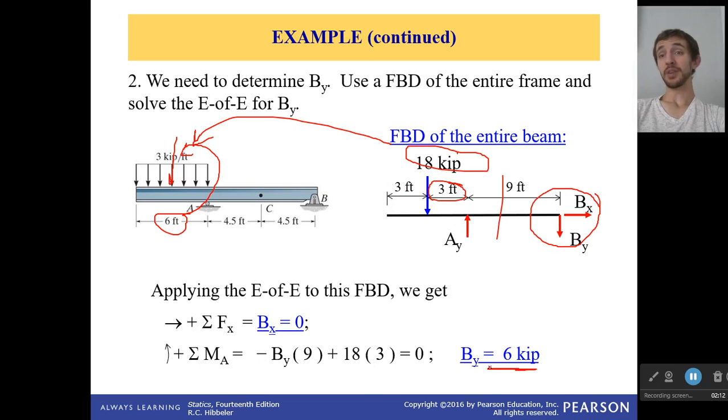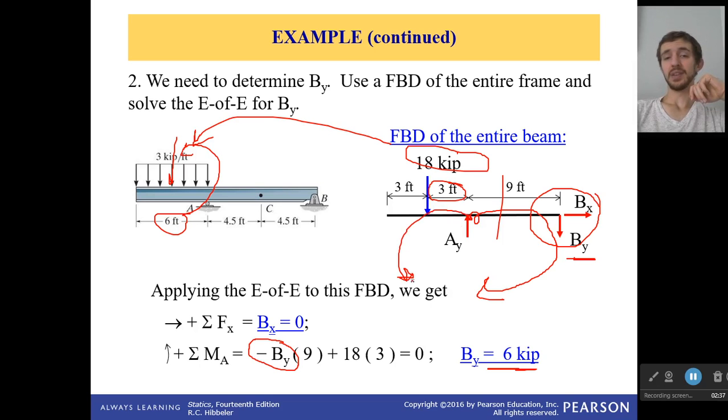Now, here's a point I want to make that you need to think about. The sign that I show right here is not because By is pointing down. It's because By is causing a clockwise moment around point A, while this 18 kip force is causing a counterclockwise moment around A. I determined which one was going to be positive at the very beginning. I said counterclockwise is positive, so that this became a negative moment.